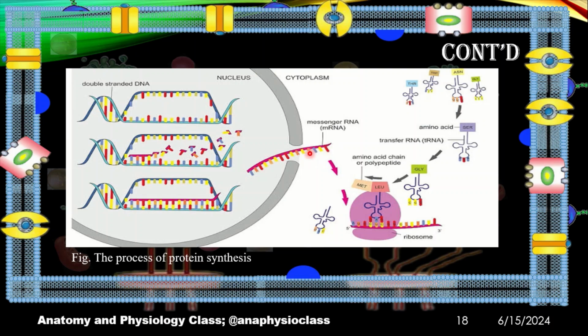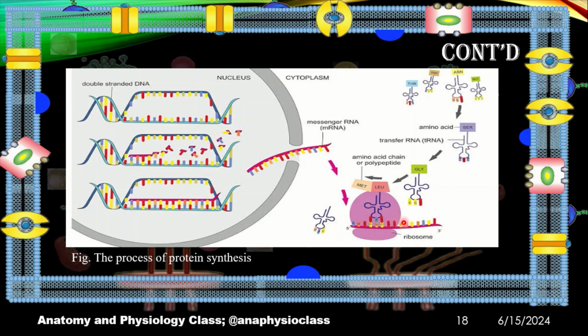So now that messenger RNA will be sent out of the nucleus via the nuclear pore, and after that, the ribosome will attach itself to the terminal end of that messenger RNA.